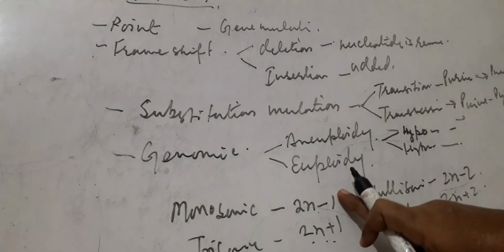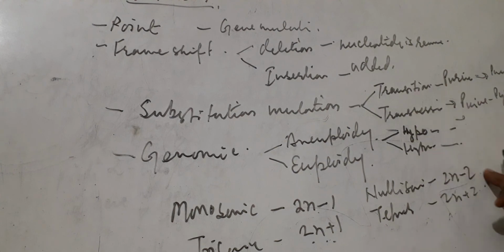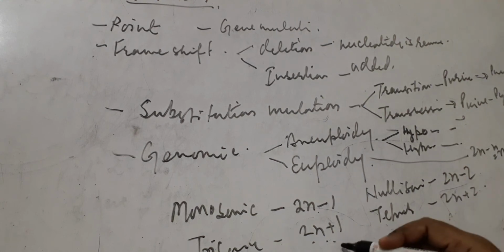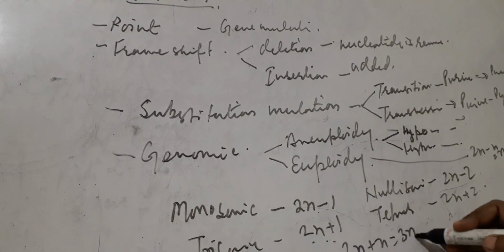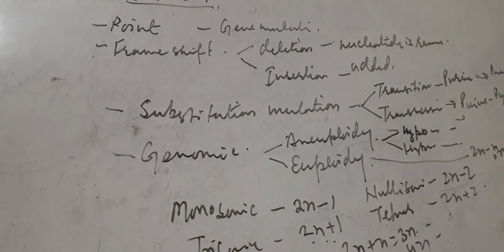Here it is not the entire set, it has a number of chromosomes which are added or removed. In hypo they are being reduced and in hyper they are being added. In euploidy the entire set is minus or plus. For example, if one set is reduced, 2n minus n, so that is n, it is haploid. And when it increases, plus n means 3n, sometimes 4n, then they are polyploid. Diploid and haploid we know, diploid is the normal condition. When one set is present, that is haploid. Okay, two sets is the normal condition, two sets should be present, but when these sets increase in number, that is polyploid.